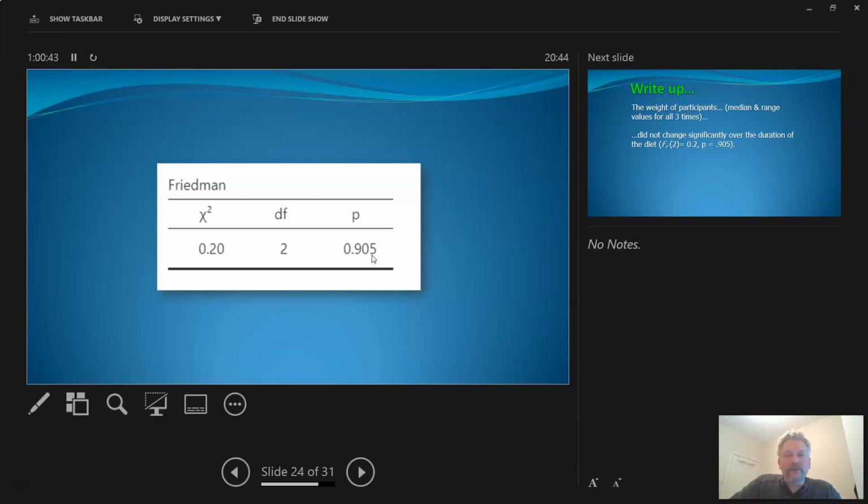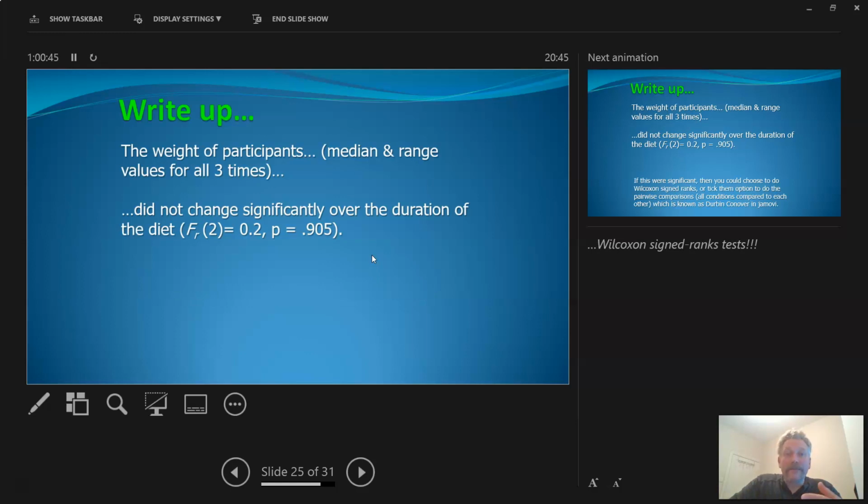So that's an example of a Friedman's ANOVA. In terms of writing it up, exactly as before, you talk about the weight of your participants at your three different time points. You maybe report them as median and IQR, and then cite the statistical evidence afterwards.